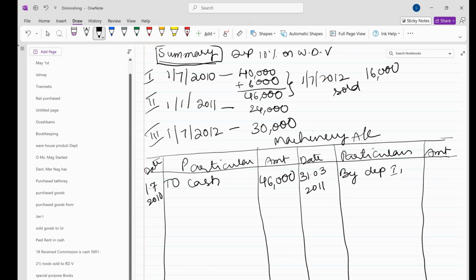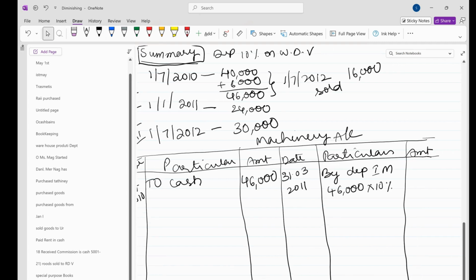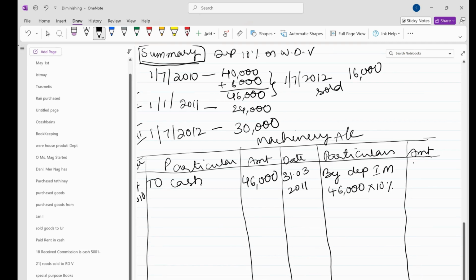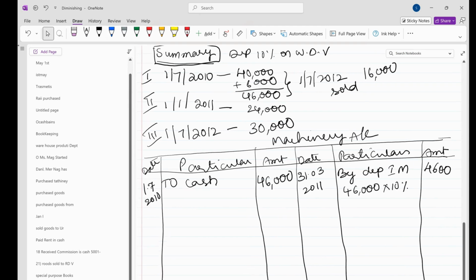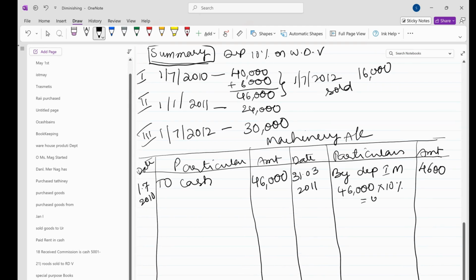By depreciation, first machinery, how much will it be? 10% on 46,000 is how much? 4,600. We purchased on 1st July and used it till 31st March.